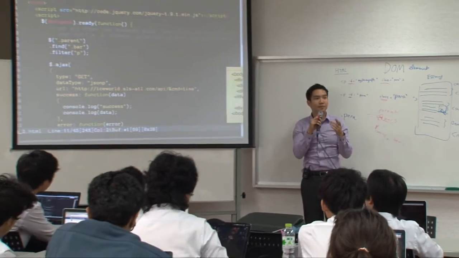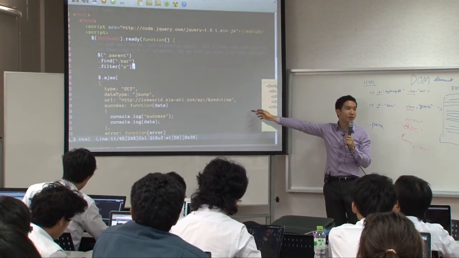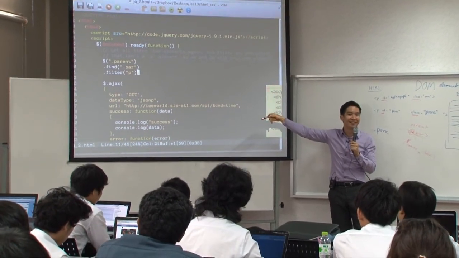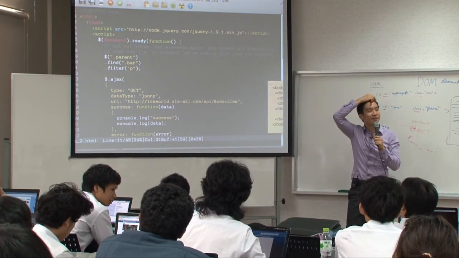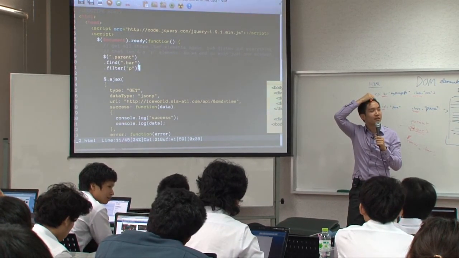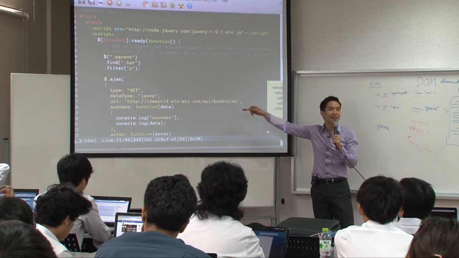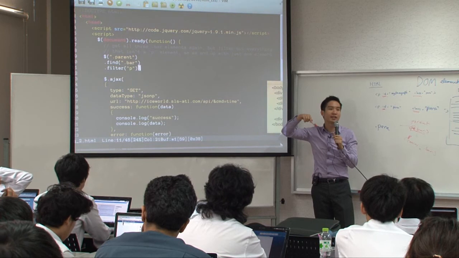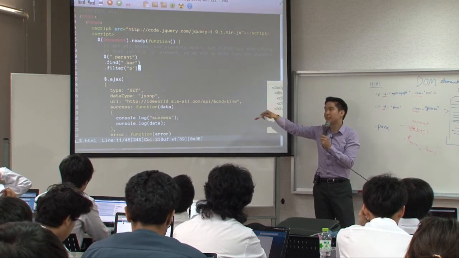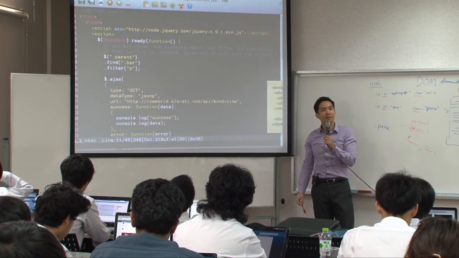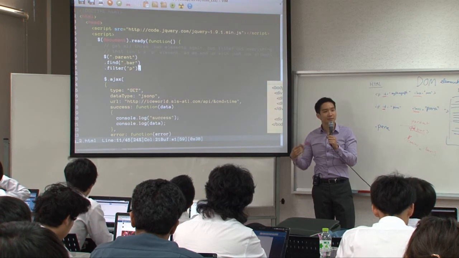And lastly, this is an example of how you can talk to our Ice World server using jQuery. But sadly, I could not get it to work completely, but at least it returns the JSON object.